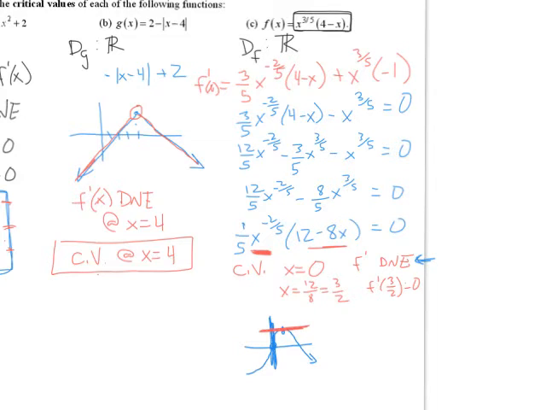So a tip is anytime you have a fractional exponent, you should be in cusp alert. You have the potential for a cusp, or you have the potential for a vertical tangent line. So when we get to sketching graphs, this fractional exponent is something you should clue in as to its meaning.